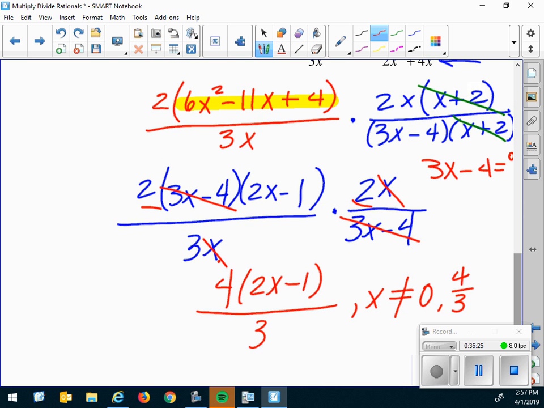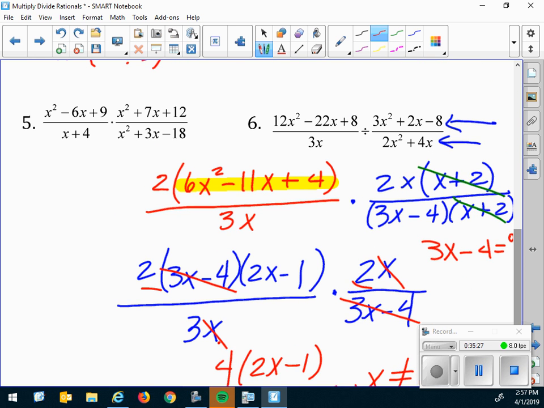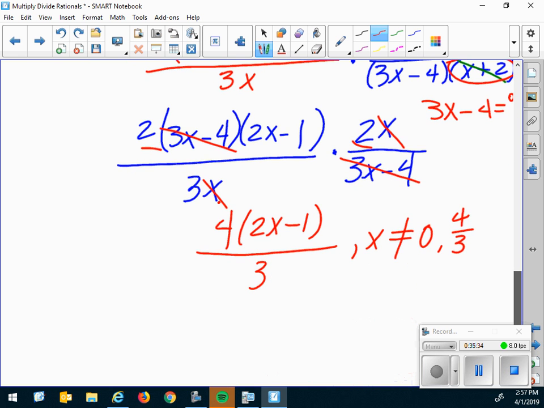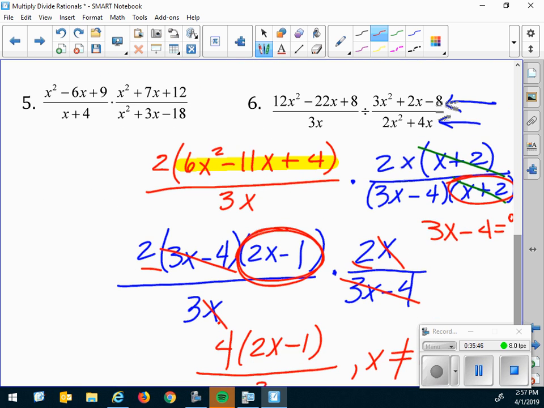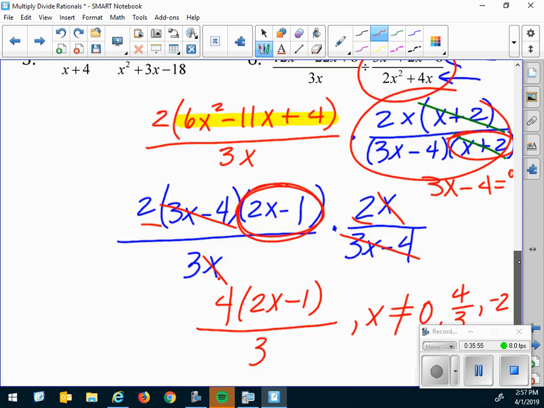Do I have anything from back up here? -2. What about 1/2? What about from here? Is that okay? Because it never left the top. It was never on the bottom, so it wasn't on the bottom here or here. So it's okay.